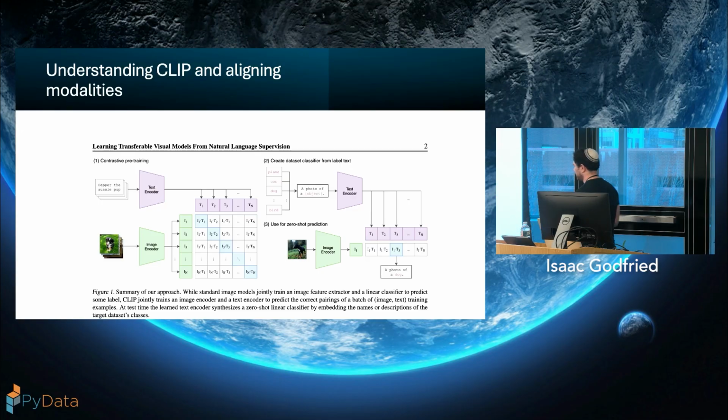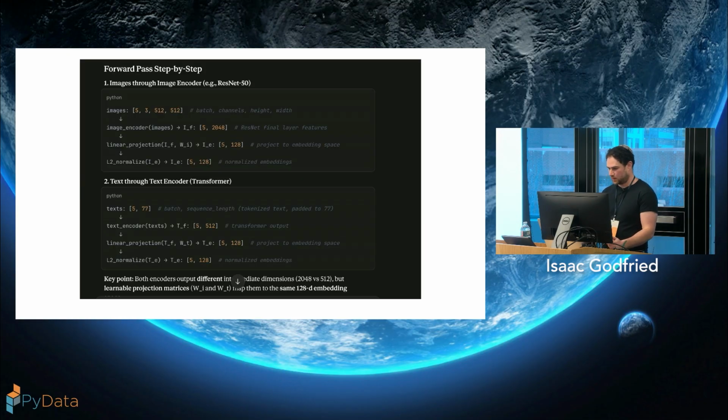It computed a similarity matrix, and over time it learned, through the loss function, to have a high cosine similarity between the text and image pairs. In the example image, you have Pepper, the Aussie pup, and then an image of this dog. It learns to have a high cosine similarity between the text embedding and the image embedding. And then that can be used for zero-shot prediction.